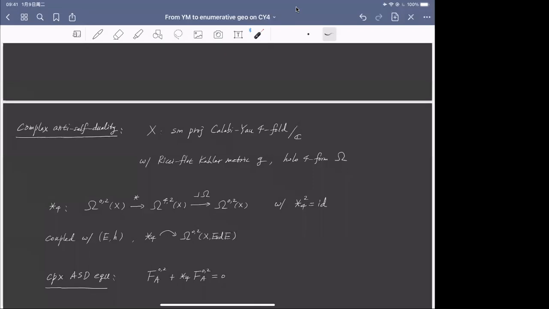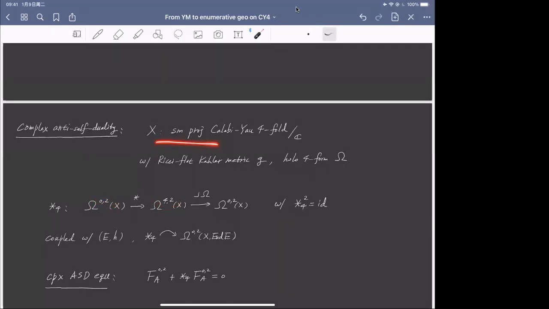Okay, so we have this star operator, which is defined on any Riemannian manifold. Because it is defined by the Kähler metric, it preserves the complex structure. So it maps 0,2-forms to 4,2-forms, because X is complex 4-dimensional. You see that 0 plus 4 is 4, 2 plus 2 is 4, so 4 plus 4 is 8.